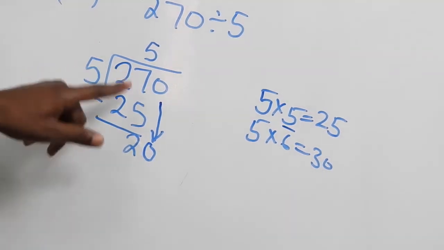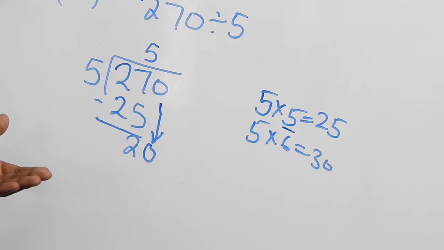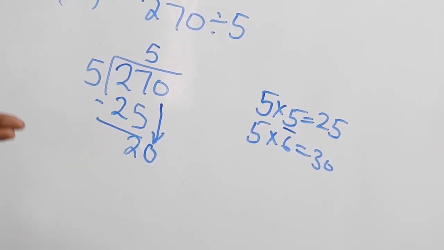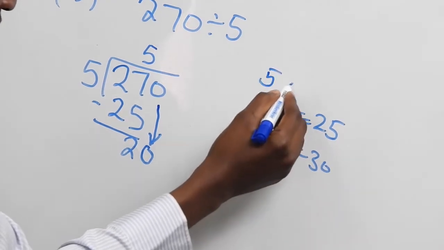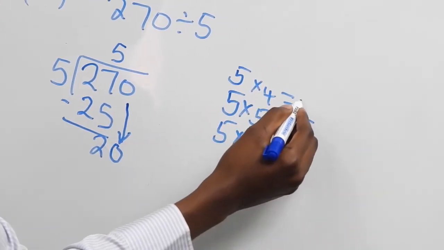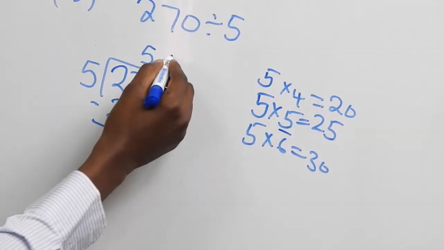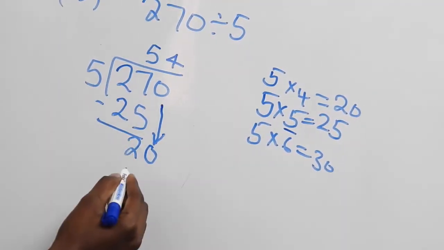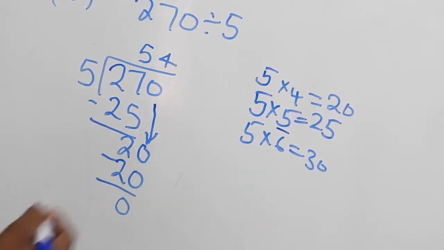Now you see, from 2, after dropping 0, we now have 20, which is a very significant number. So, using the multiplication table for 5, we know that 5 times 4 is equal to 20. So it means that we write here 4. 4 times 5 is 20. And then subtract to have 0.